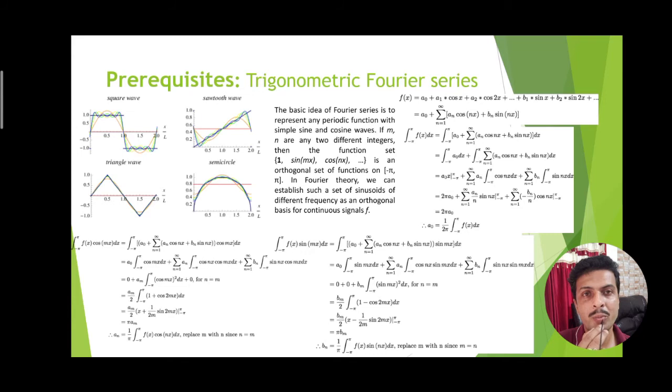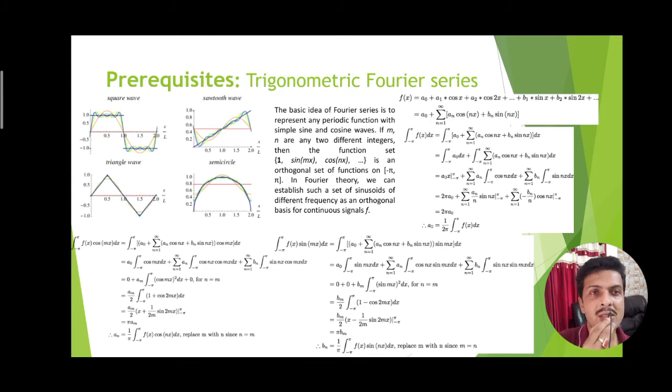So it is a superposition of other signals. Since it is square, sawtooth, triangular, or semicircle, whatever the type of the signal, we need to represent it mathematically so that we can process the signal through our devices, because our devices know mathematical operations.